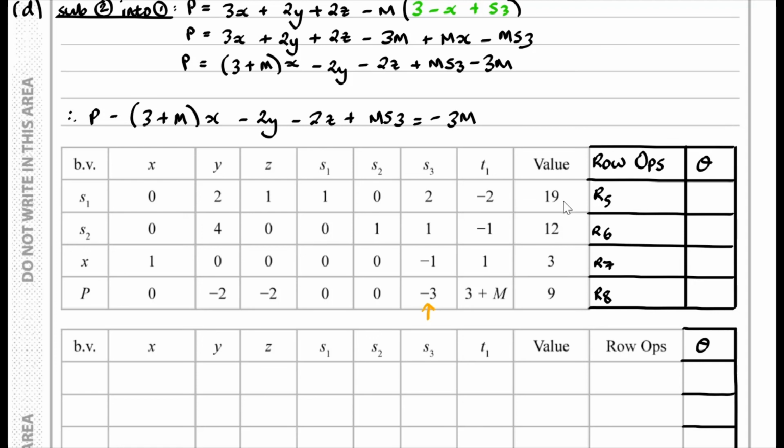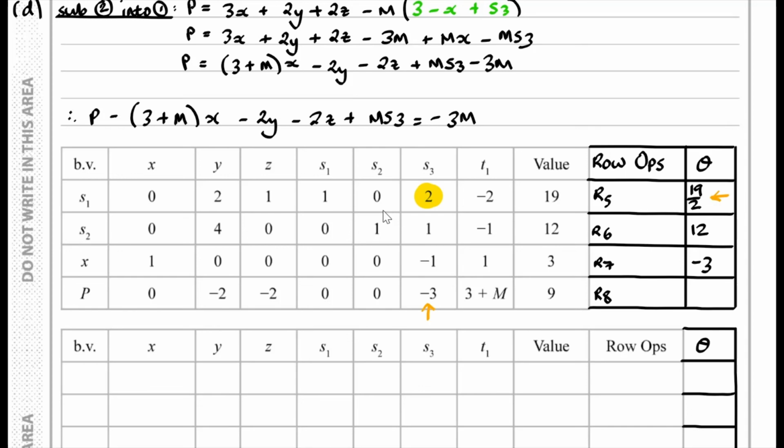We have 19 divided by 2, which is 9.5, so we have 19 over 2. Then we have 12 divided by 1, that's just 12. 3 divided by minus 1, that's minus 3. Of course, we want the smallest positive number. That corresponds to this over here. And therefore, you'd find this 2 to be our pivot.